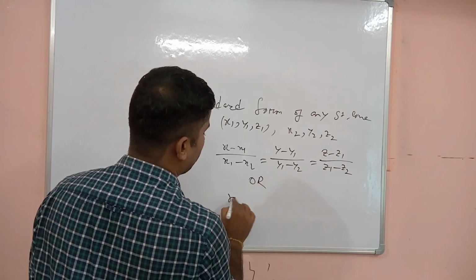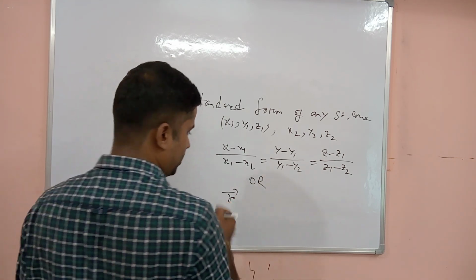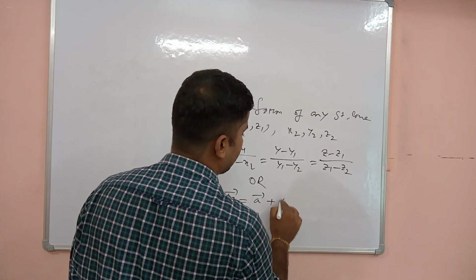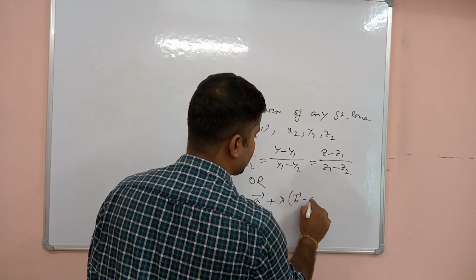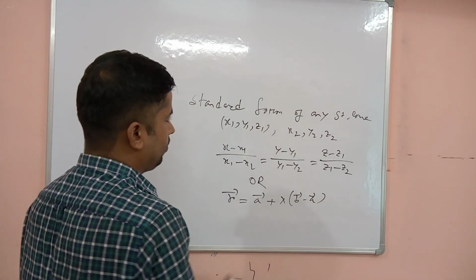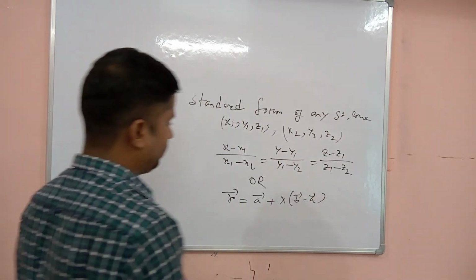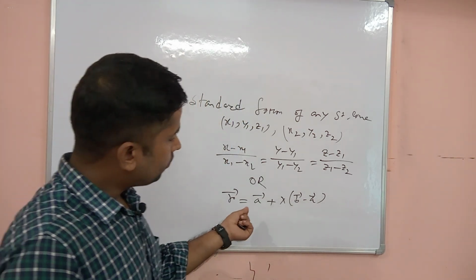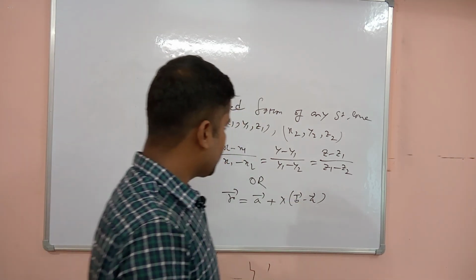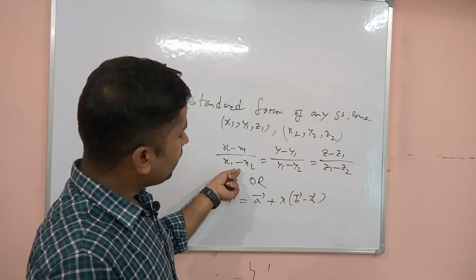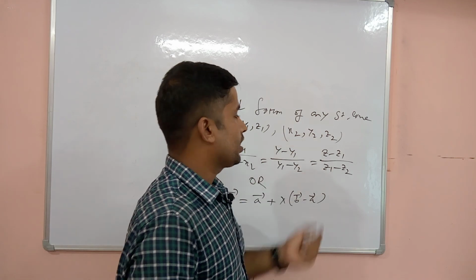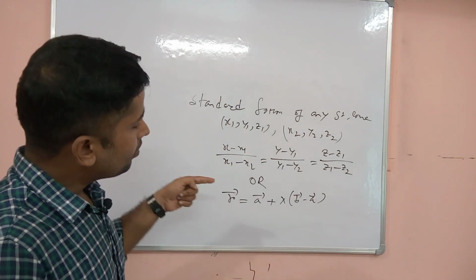Or we can express it like r is equal to a plus lambda times b minus a. Okay, I hope you understood. Where a and b are the position vectors of two points through which the line passes. But in case of the first equation, x1 y1 z1 and x2 y2 z2 are the two points through which the line passes.